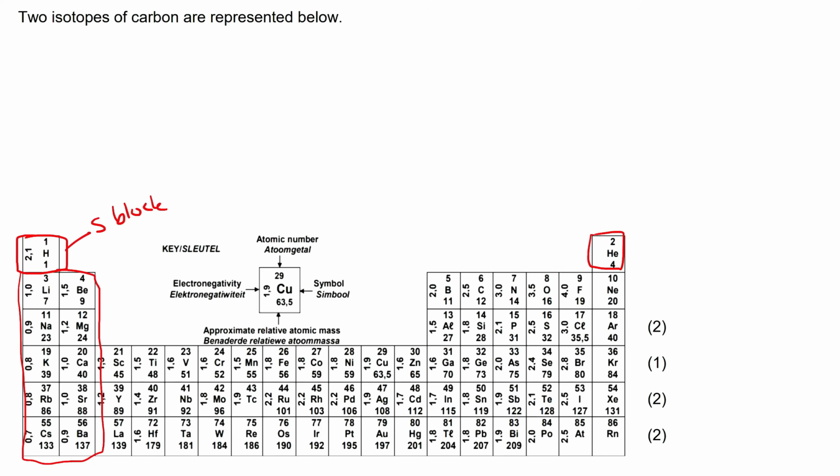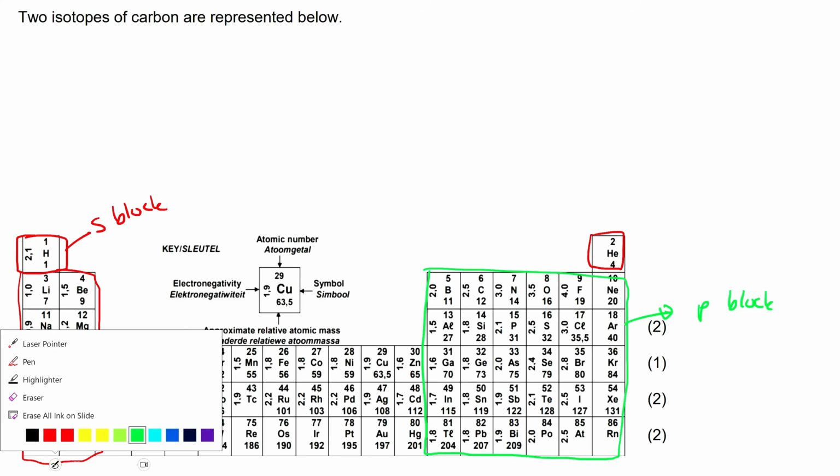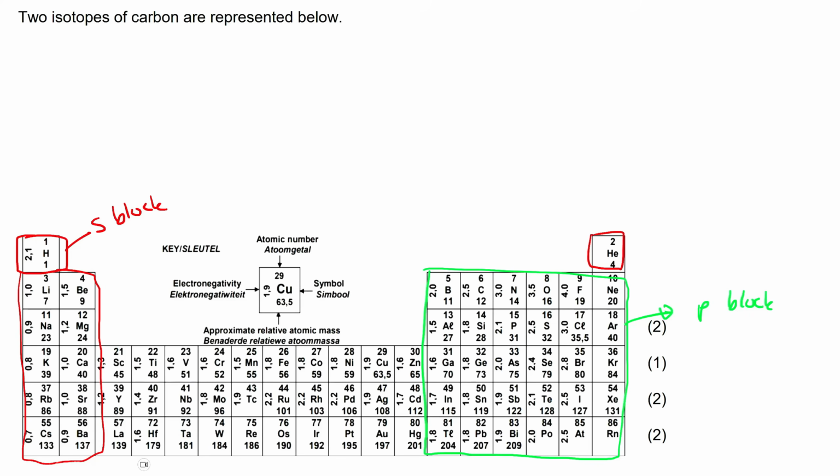And all of this inside here, all of those are going to be your P block. I've made videos on this already, so you can watch those, but this is just a quick reminder. If we're looking for aluminium, we can see that's where it is there.